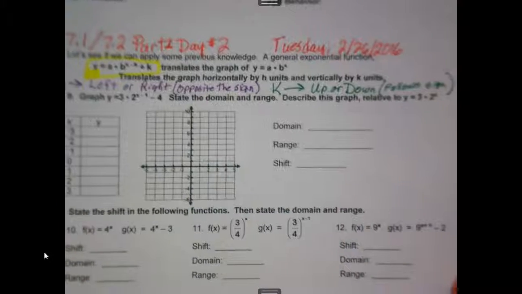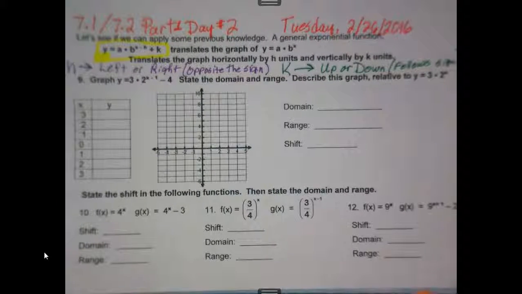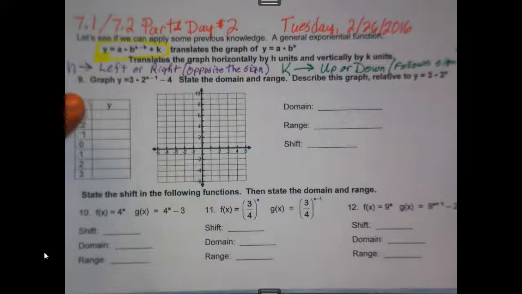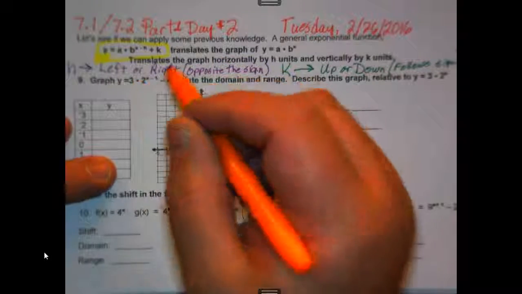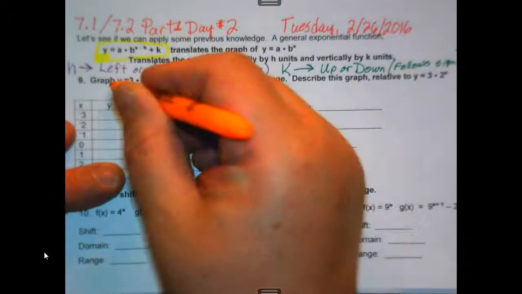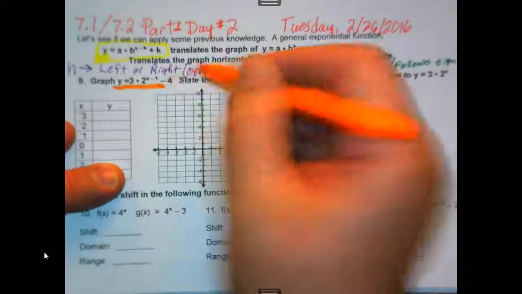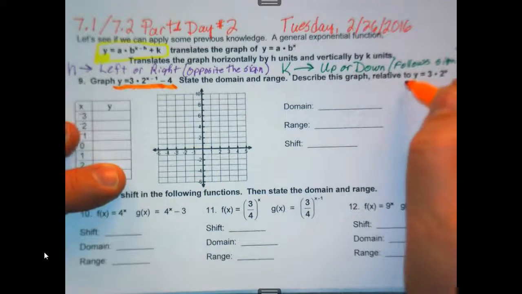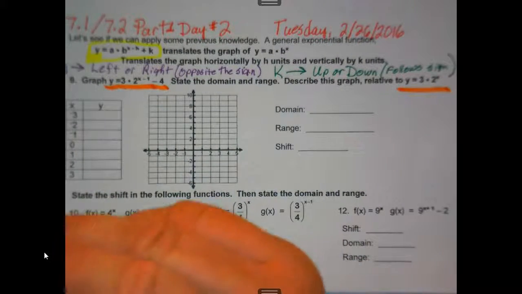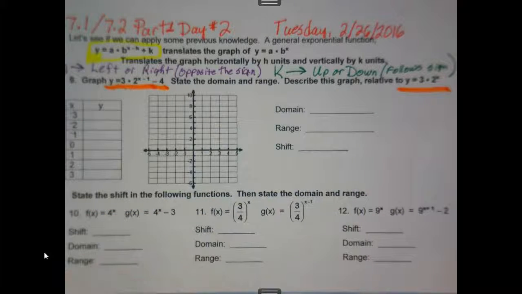All right, so let's take a look at this example problem here. We have this function y equals 3 times 2 to the x minus 1 minus 4. Before we even graph this, we're supposed to compare it to y equals 3 times 2 to the x. So, what are my transformations here?